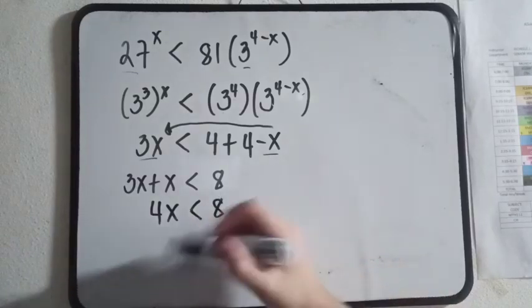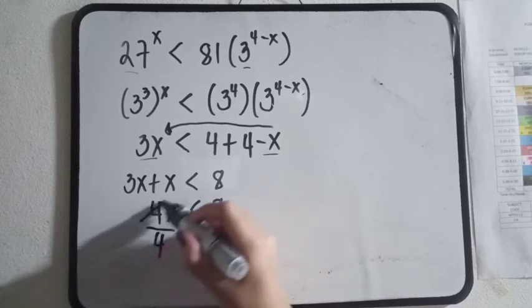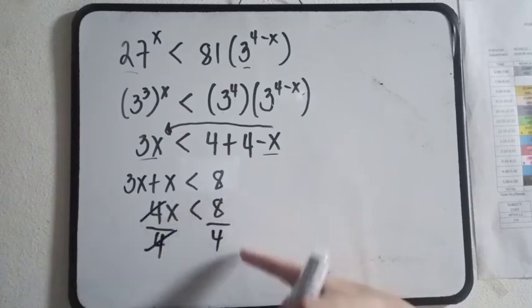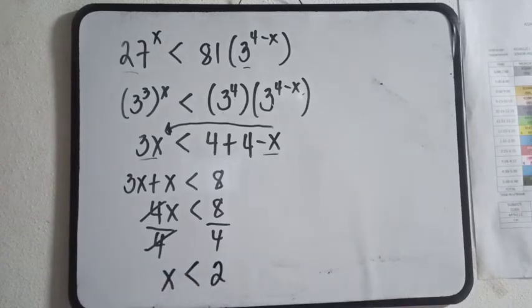Okay, so divide natin both sides by positive 4. So, cancel. So, 8 divided by 4. So, ang makukuha natin answer dyan is positive 2. So, ibig sabihin daw, ang pwede maging value of x is less than positive 2. Mas mababa. So, ano ang ating interval notation for that?